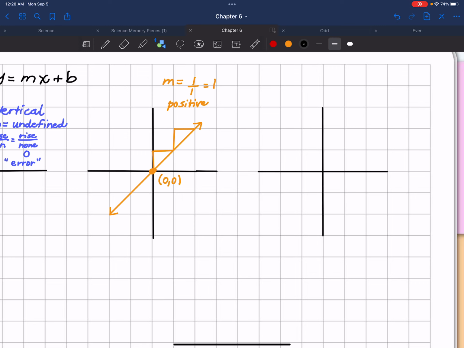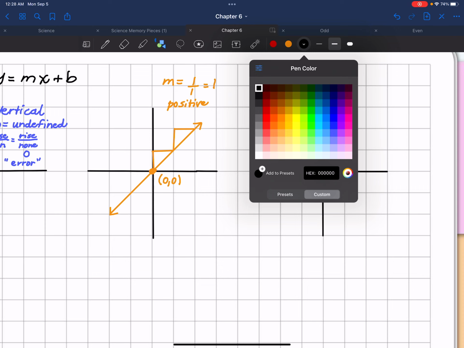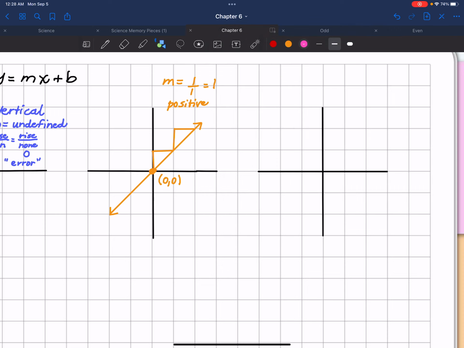This is all pretty much stuff that I've already told you. We're going to get to the part that I haven't told you. Okay, so here comes a negative slope through the origin. So there's the intercept, 0, 0. And this time, it's the same concept of rise and run.